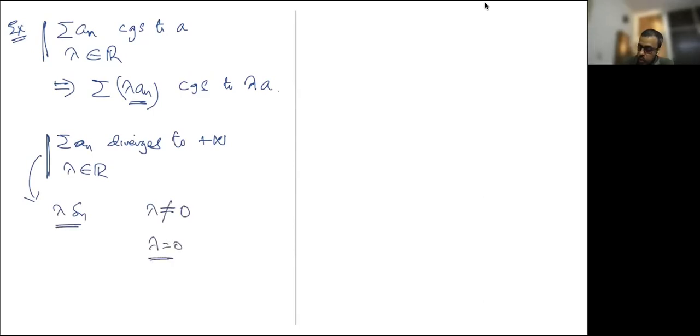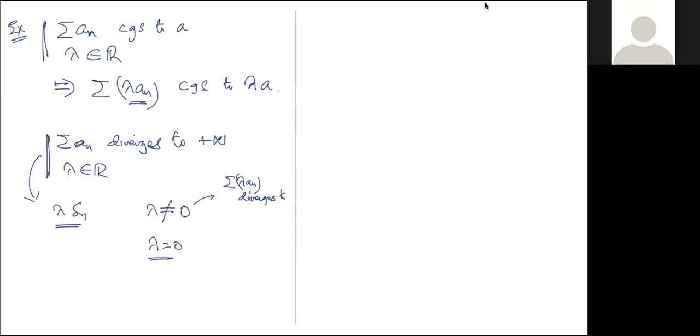So if lambda is non-zero, then what happens? Where will it go to? The sign of lambda. Right. It would depend on whether lambda is positive or negative. So, the sign of lambda times plus infinity, meaning, right?